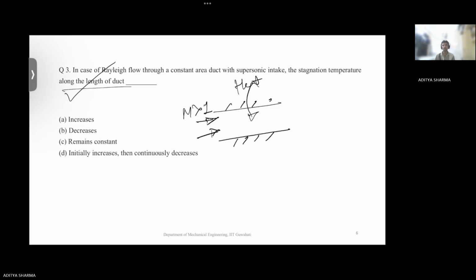Your Mach number will decrease along the length, and for your stagnation temperature, if this is 1 and this is 2, the stagnation temperature at 3 will be higher than at 1. This is your Rayleigh flow.